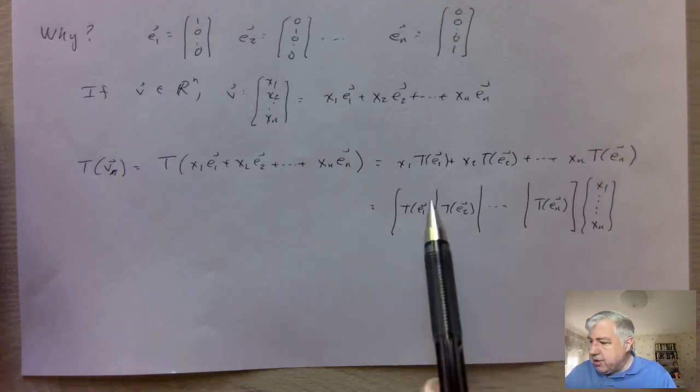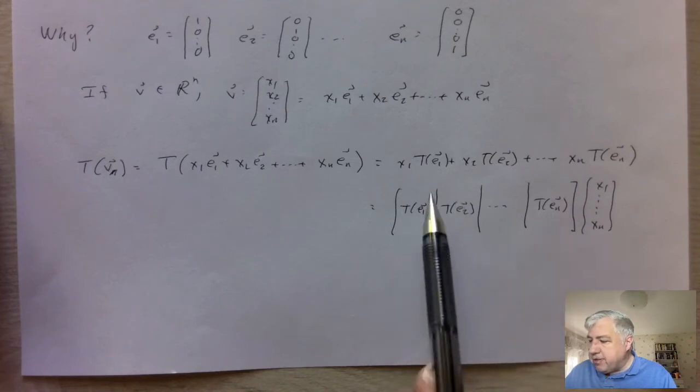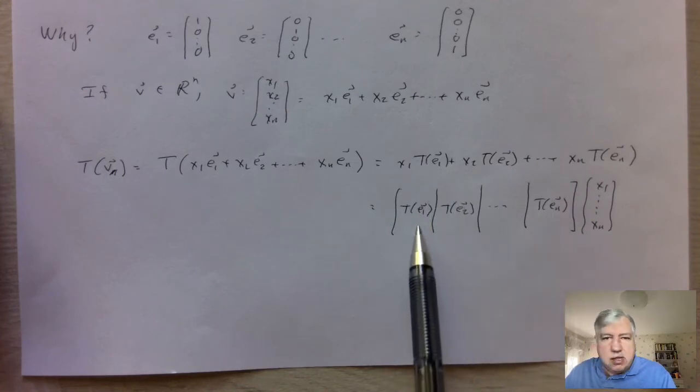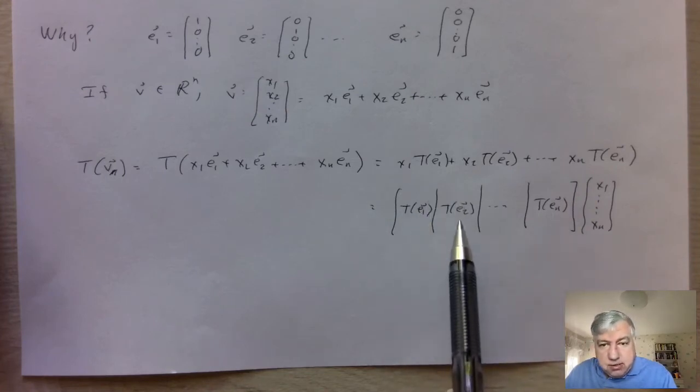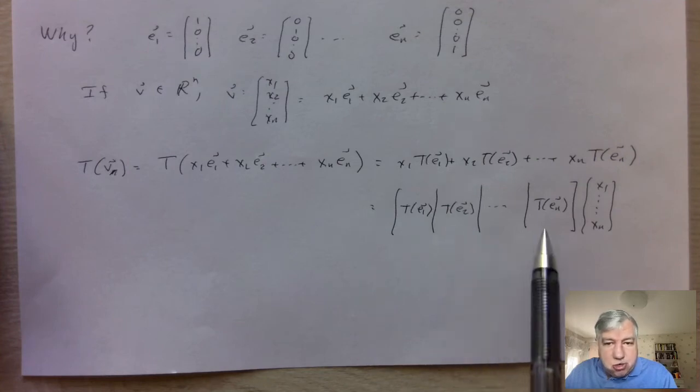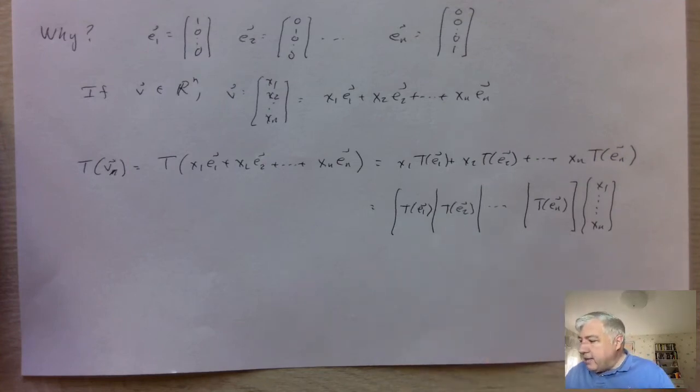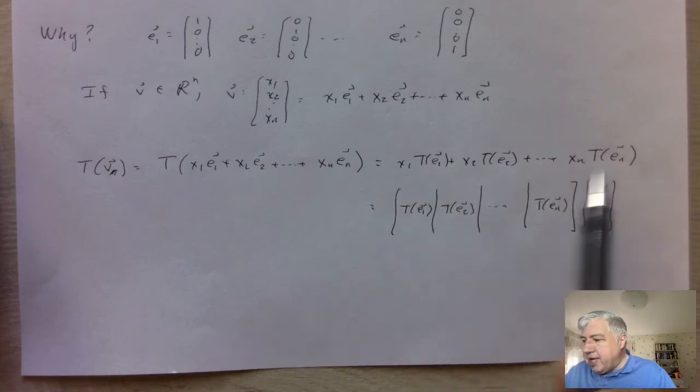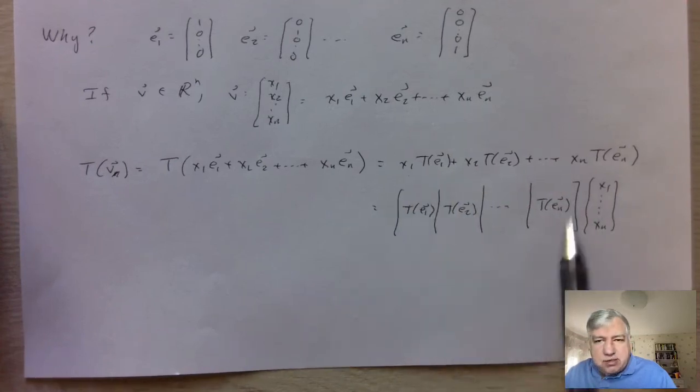So this is the matrix where the first column is T of e1, the second column is T of e2, and so on. And we've seen that this linear combination can in fact be expressed as the product of this matrix and this column vector.